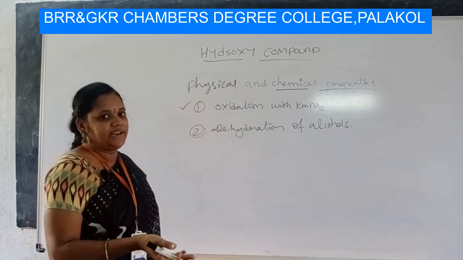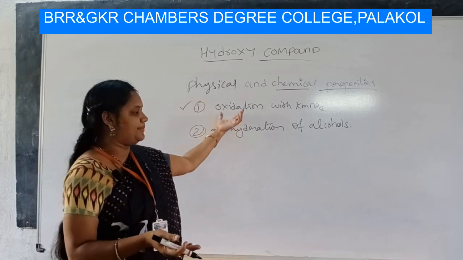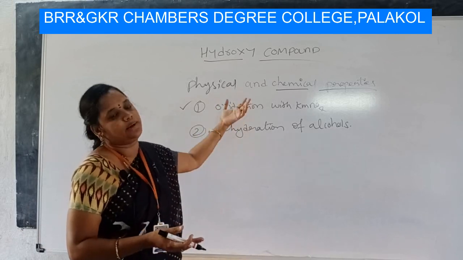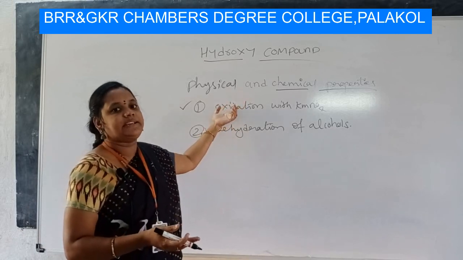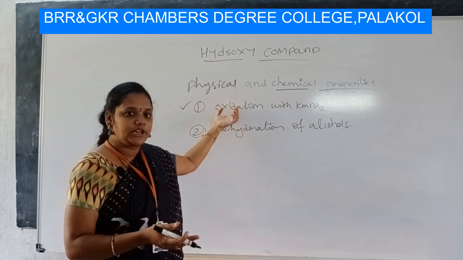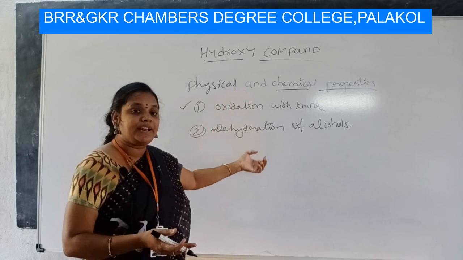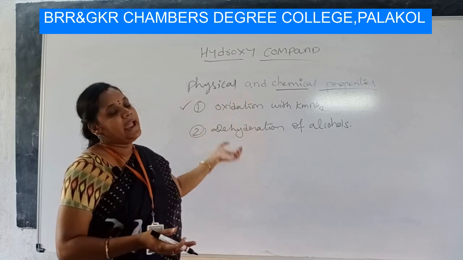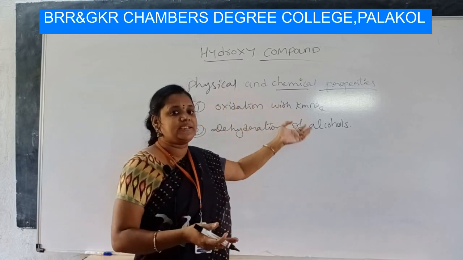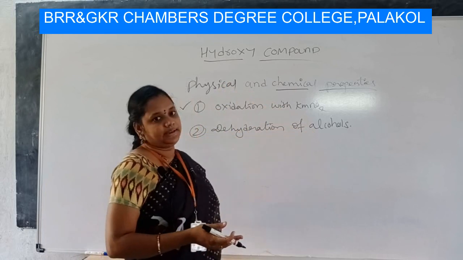If they ask for identification of alcohols, you should write the same equation, and this can be used for the chemical property also. Primary alcohol gives the same number of carbon atoms, secondary alcohol gives one carbon less than the reactant, and tertiary alcohols give much fewer carbons than the reactant.